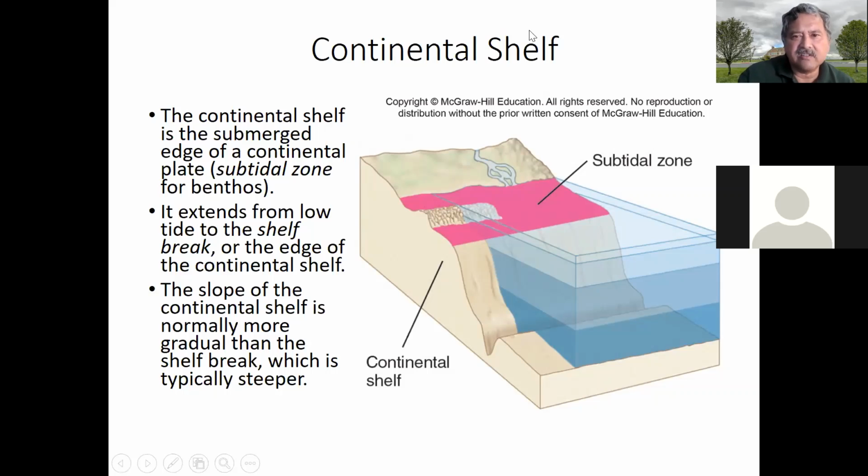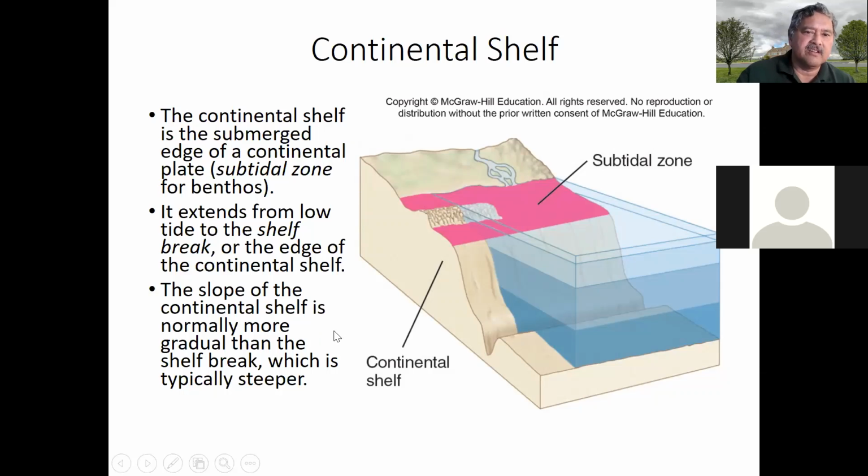So this is the continental shelf right there, and we're going to see that it's a very specific region where the temperature of the water is cooler than it is down deep. So organisms need to be especially well adapted to live in that environment.